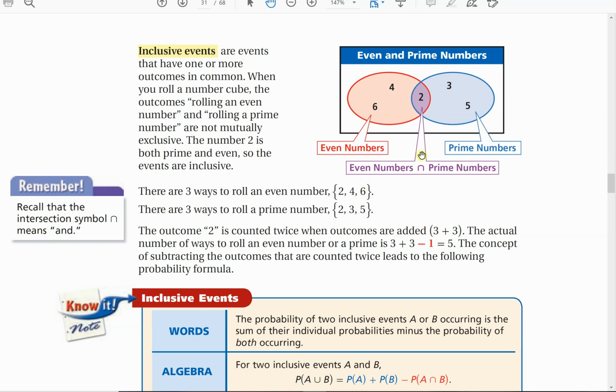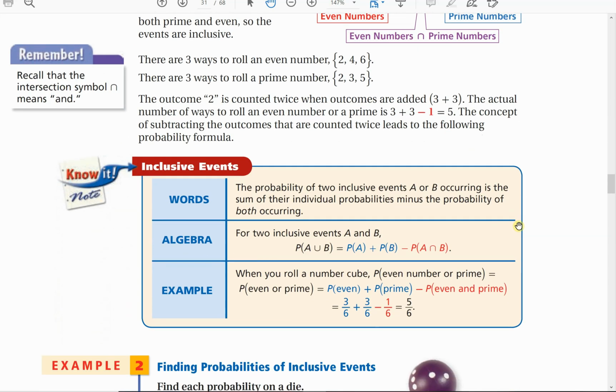If we just add up these probabilities, it's not going to be accurate. So what you're going to have to do is actually subtract the possibility of both things happening at the same time. If you want to know the probability of rolling an even number and a prime number, so again, inclusive events, you're going to have to add up the probability of one plus the other and then subtract the probability of them both taking place.